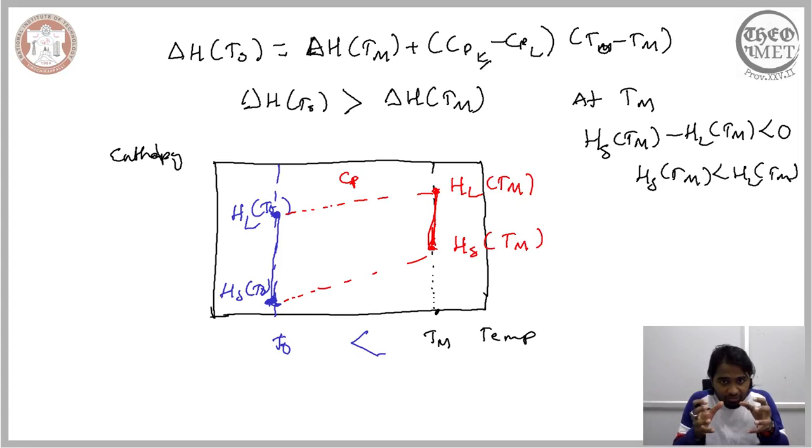So in case of an isothermal transformation, at lower temperature the difference in the enthalpies is quite significant when compared to the higher temperature, the temperature that is close to the melting point.